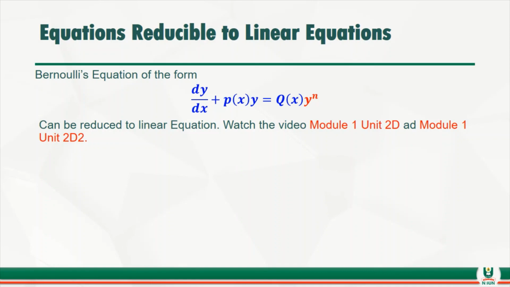Are we together? In fact, even if we have y raised to power 1, we can still call it Bernoulli. But most times, by the time we have n equals 2, in that case we have y squared, and that makes the problem non-linear.